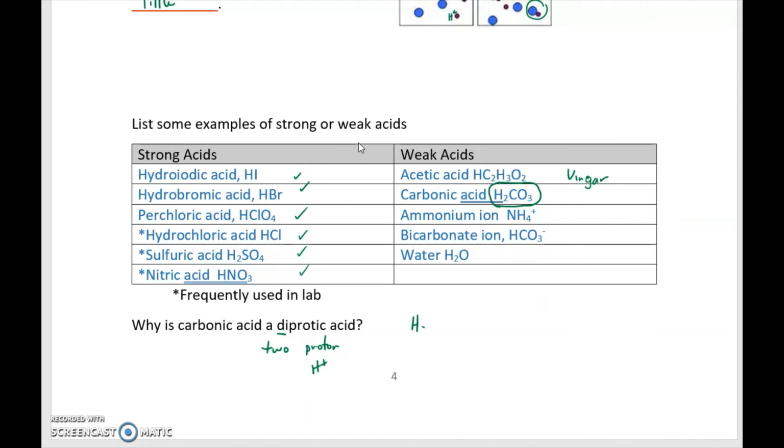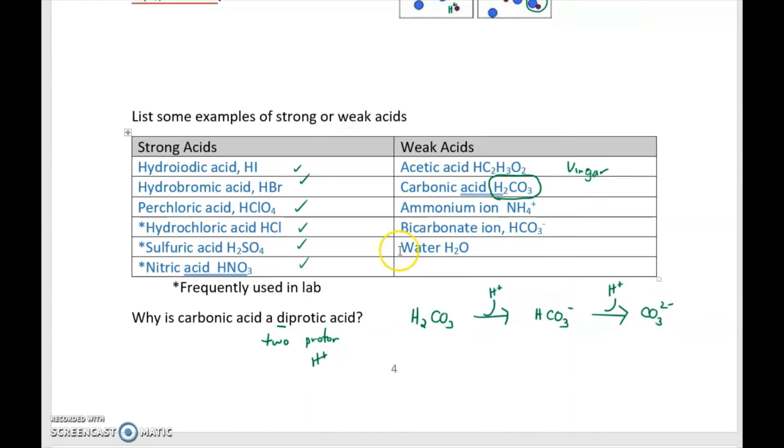It can start as carbonic acid, lose a proton and become bicarbonate, and then it can lose another proton. So it can lose two protons, that's why it's diprotic.